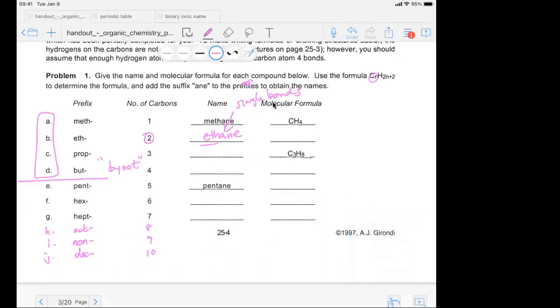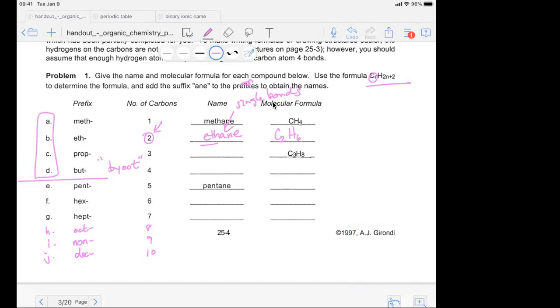Eth represents 2 carbons. Ane means that it's all single bonds. And so the formula, you can just go by the 2. So we've got C2 because of the general formula CnH2n plus 2. The molecular formula is C2H6, right? If n equals 2, then 2n plus 2 is 6.